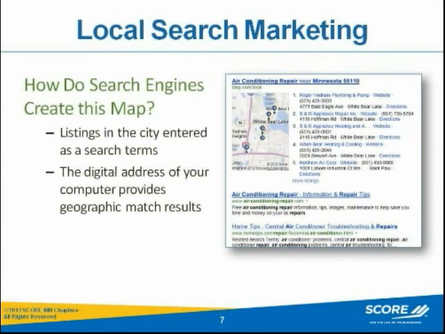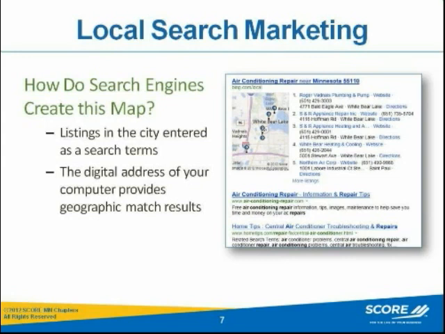How does a search engine do this? Well, in the first place, many searchers include a city with their search. For example, you might type into a search address, air conditioning in St. Paul. The search engine sees that you're looking for that term and that location, and they provide you with a local map. Secondly, each computer has a unique digital address.